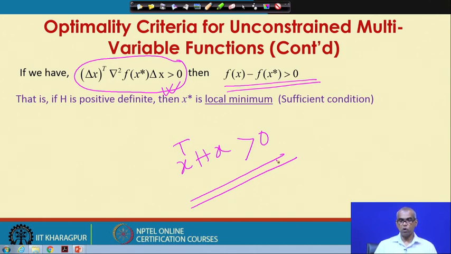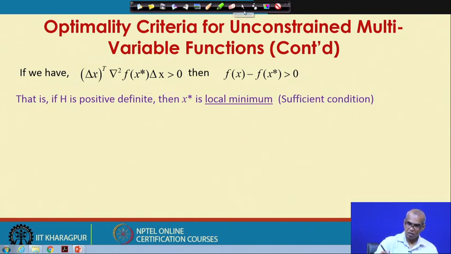So, if x* has to be a local minimum, the sufficient condition is that the Hessian matrix is positive definite. Positive semi definite is a necessary condition, but positive definite is a sufficient condition for x* to become a local minimum.